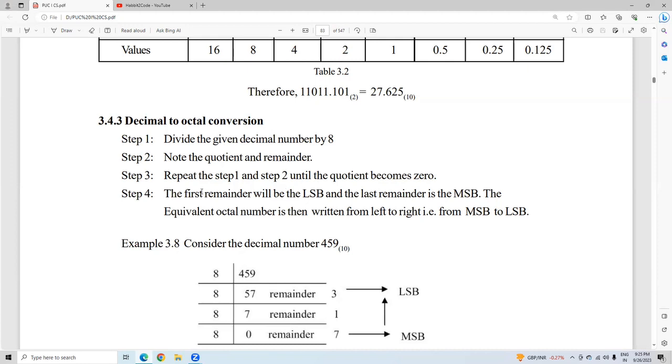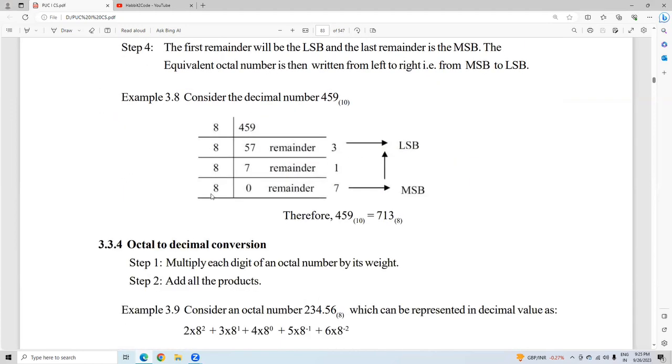The first remainder will be LSB and the last remainder will be MSB. The equivalent octal number is then written from left to right, that is MSB to LSB. For example, 459 base 10. So we have to divide this number by 8.